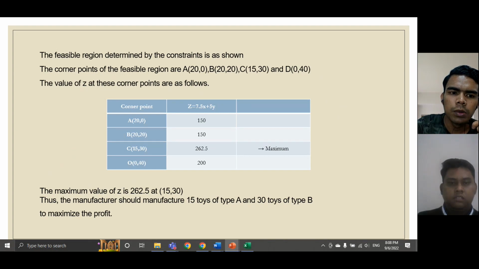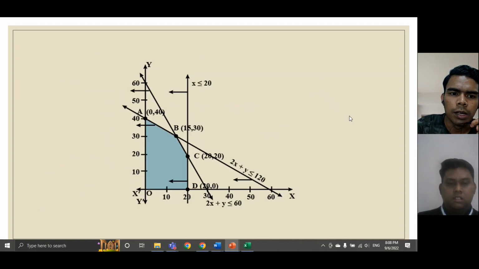Hence, the maximum value of Z is 262.5 at corner point (15, 30). In conclusion, the manufacturer should manufacture 15 toys of type A and 30 toys of type B to maximize the profit. Next, I will show you the graph.